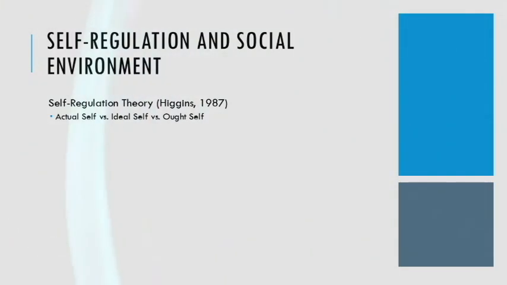So according to this theory, an individual defines themselves not only based upon their personal traits, but also through their affiliations with social categories such as nationality or ethnicity or religion or professional groups. So social identity contributes to how we perceive ourselves and shapes our interactions with others.